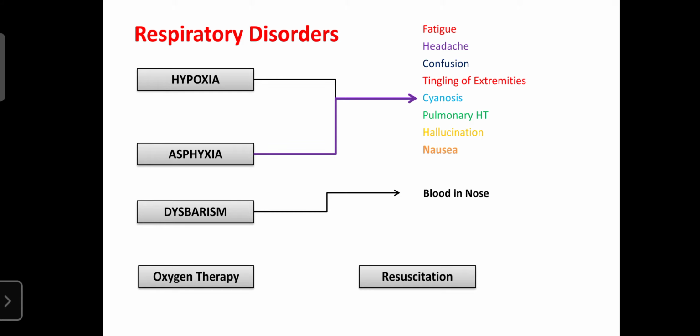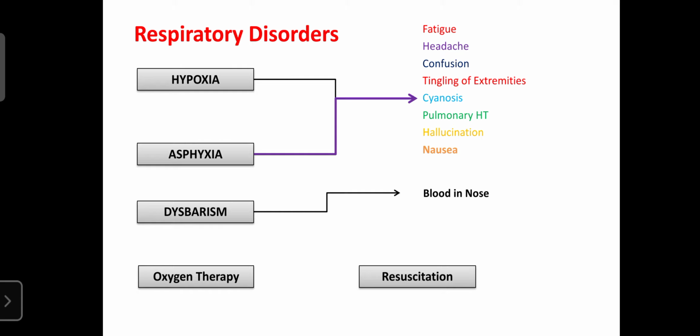First is hypoxia. Hypoxia means deficiency of oxygen. It is a condition denoting the absence of enough oxygen in the tissues to sustain body functions. Symptoms are fatigue, headache, confusion, tingling extremities, and cyanosis, that is, a bluish change of skin color, especially in the palm.